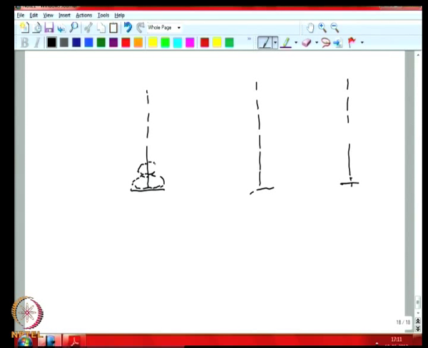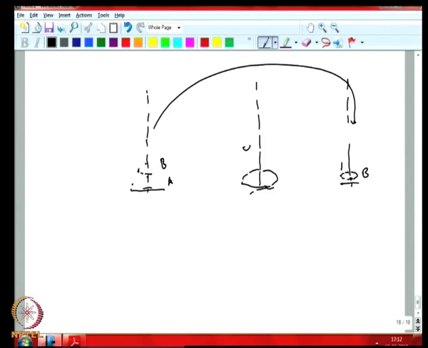But if there are 2 of them, let us say this is A and this is B. First I take B from the peg and transfer it to the third one, so I keep B here. Now, I can move A to here, and then B can come here. This is the way one can do it.